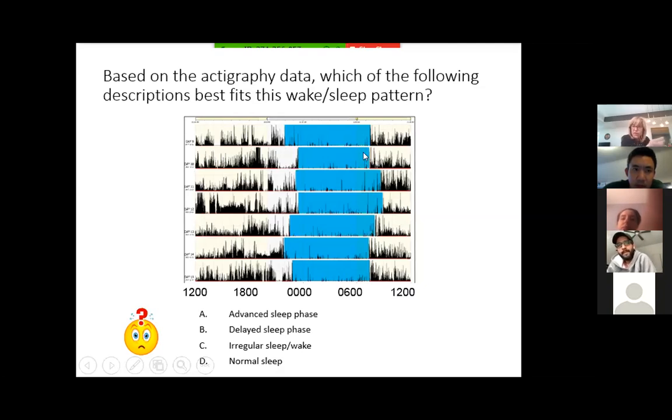You can dial this, just like I play with sensitivities when I read PSGs. So what I end up doing with this is I set the waking activity to not peg out. And then you can see a nice contrast with what sleeping activity looks like. And I could figure out where you have to set it.